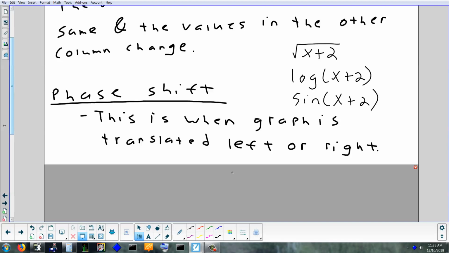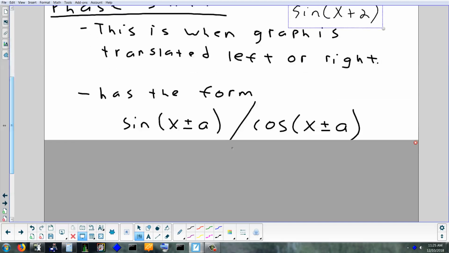Anytime you add or subtract inside the parentheses, that's when you have a phase shift. Now, what would this +2 do to all of them? It would shift it 2 units which way? Left. Remember, it's always the opposite.